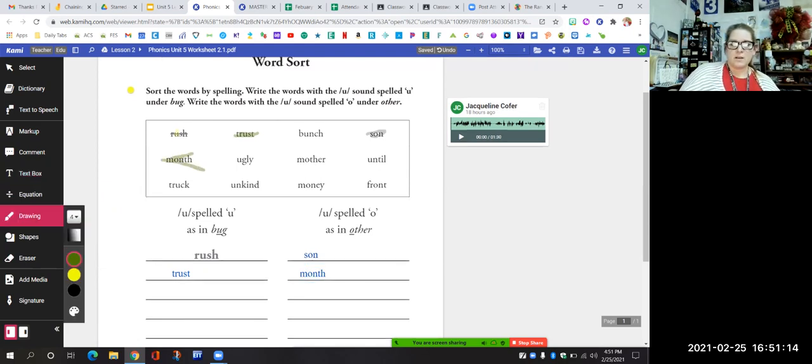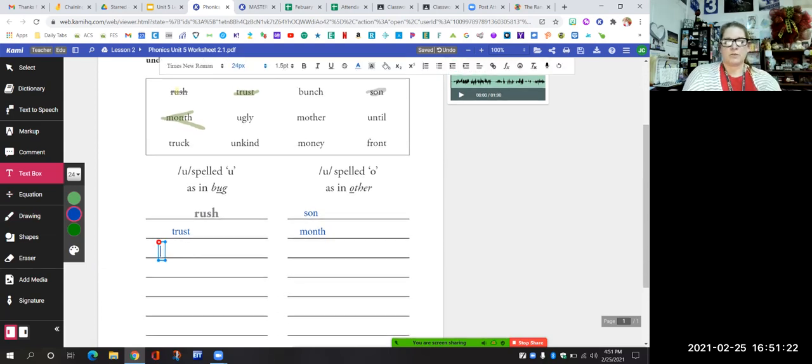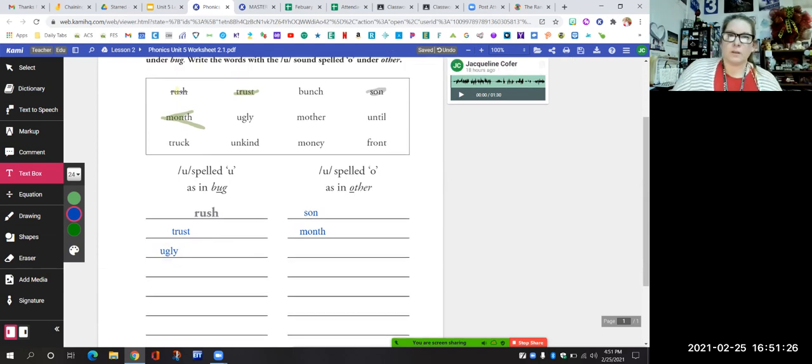Okay. Now I have the word ugly. Ugly. Where is that one going to go? Under the U. That's right. Okay. So, I'm going to undo these so you can do them on your own. Okay. So that's what you're going to do for worksheet 2.1.